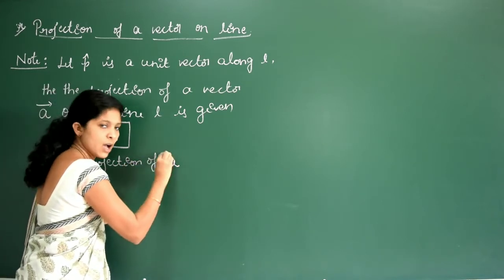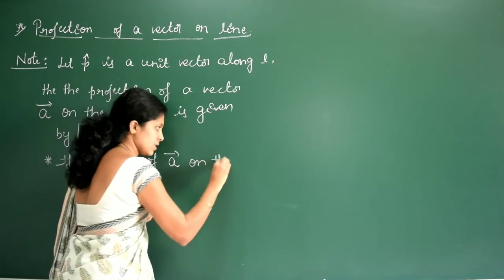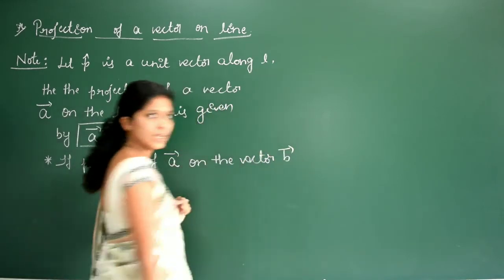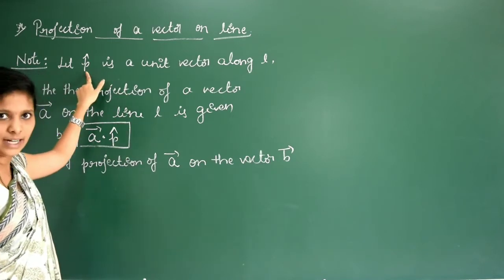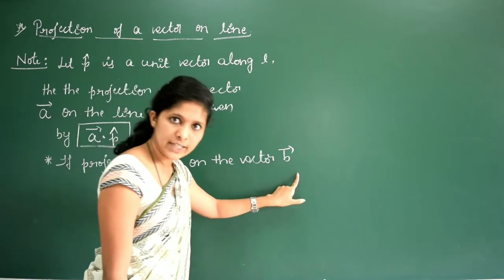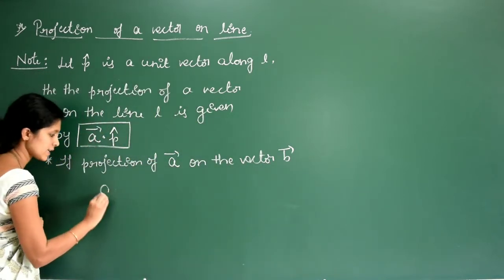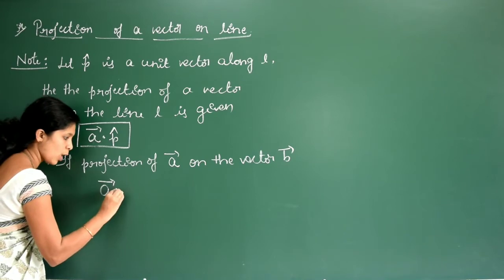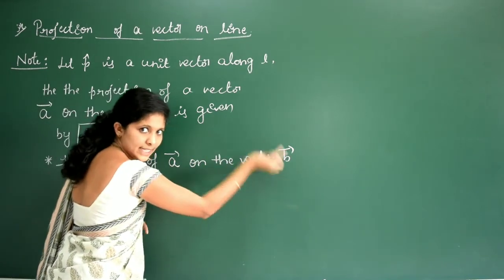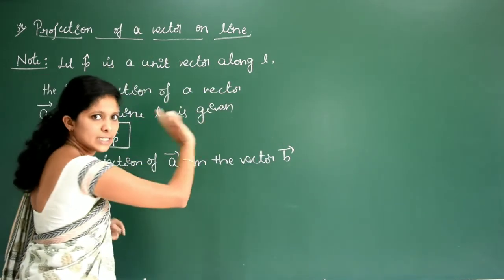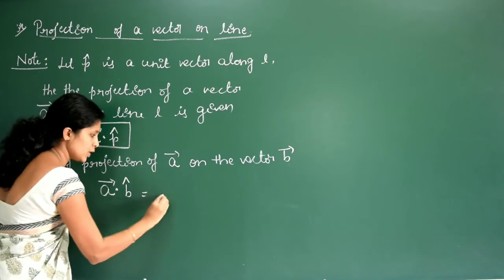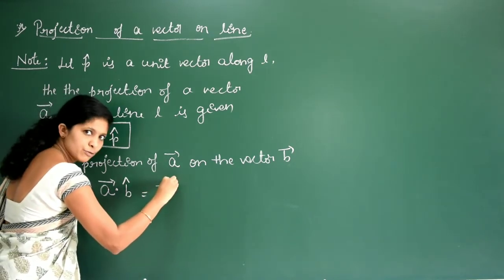Now, this is also an important one: the projection of a vector A on the vector B. Here we have considered the line as the P vector, P cap. Here the projection of a vector A on the line B vector is given by, similar to this, A vector dot, in the place of P cap, B cap, since here we have considered the vector as B. What is the unit vector B cap?